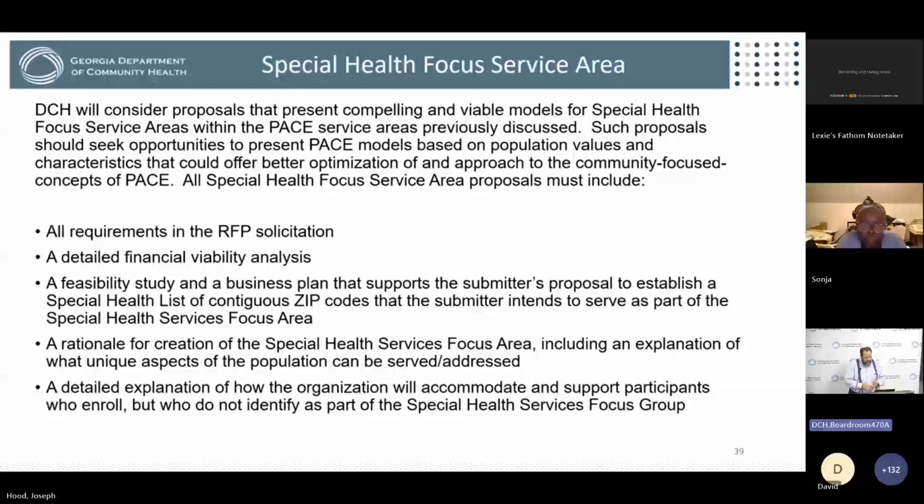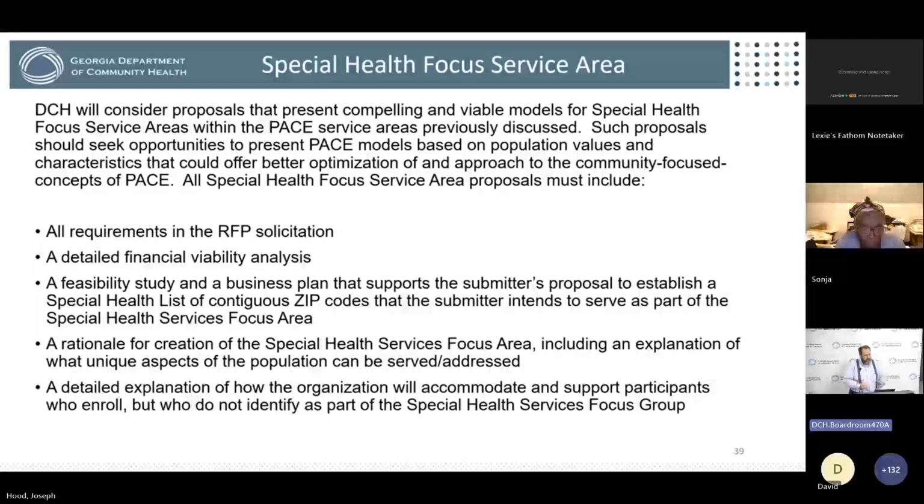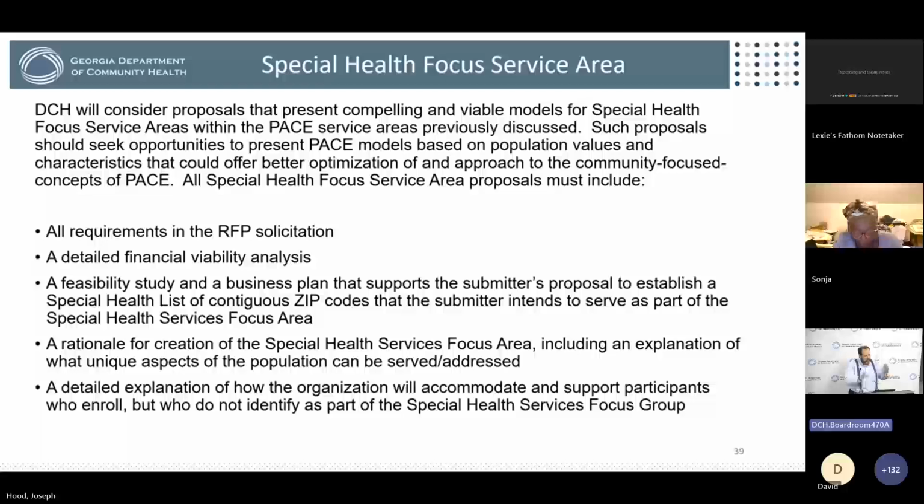You need a financial viability analysis, a feasibility study, and a business plan that supports the list of contiguous zip codes the submitter intends to serve as part of the special health services focus area. A rationale for why you need to create this special health services focus area.